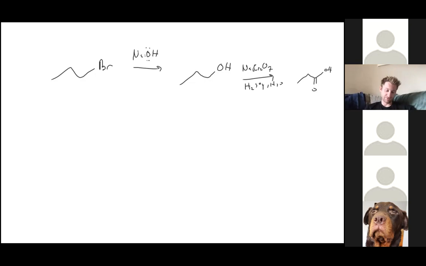We could do the Grignard version of this. This is going to have a 1 carbon addition. So adding in magnesium, followed by CO2 and water.